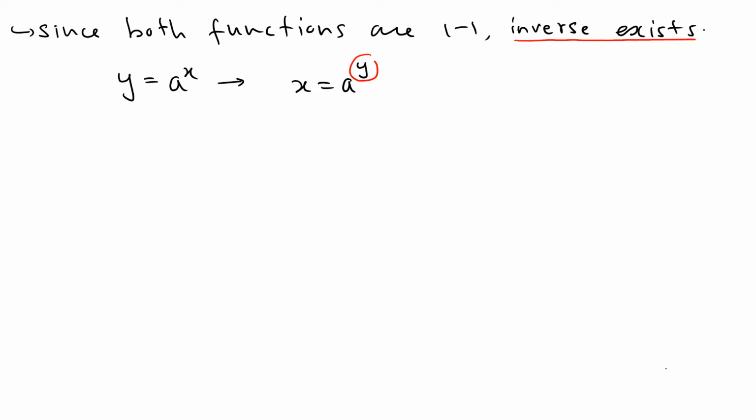The goal is to find y. So to do that, we're going to define this new function called the logarithmic function. This y is the inverse, which is a new function, and we define this new function as the logarithmic function.